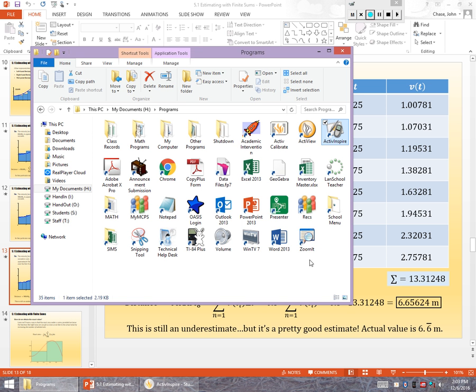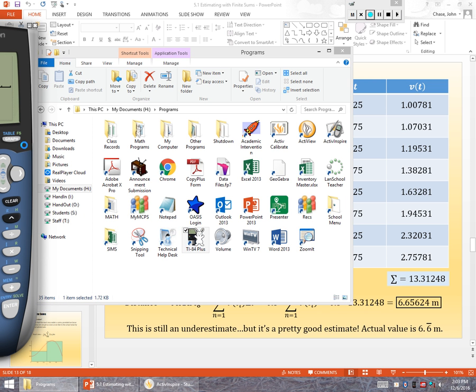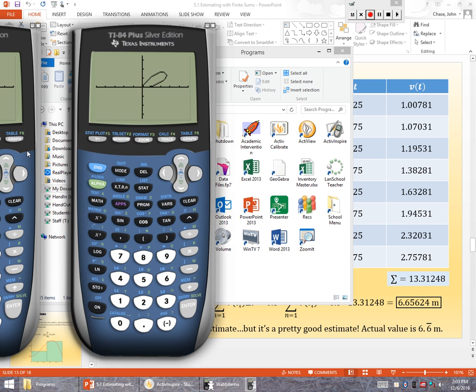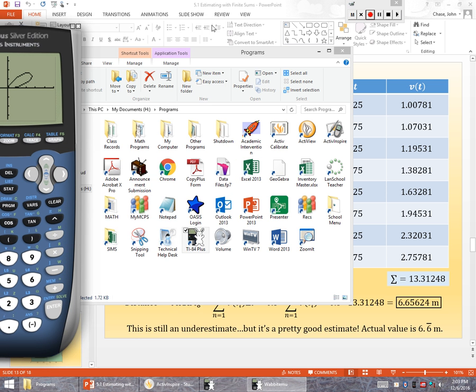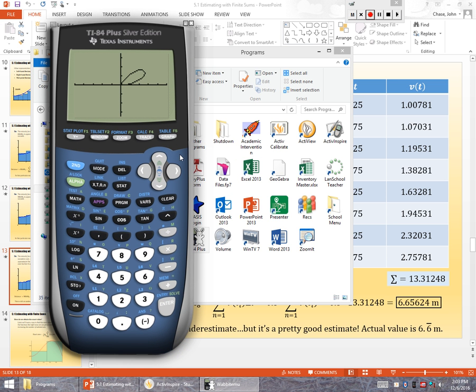Help the person next to you. Let me see if I have this on my calculator. I'm going to do it with 800. I'll do it on the screen too here.